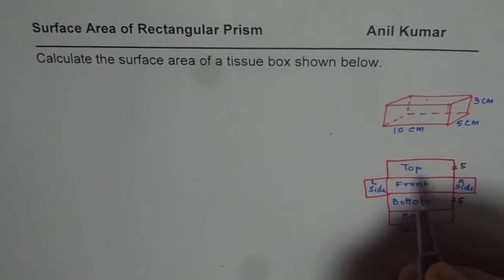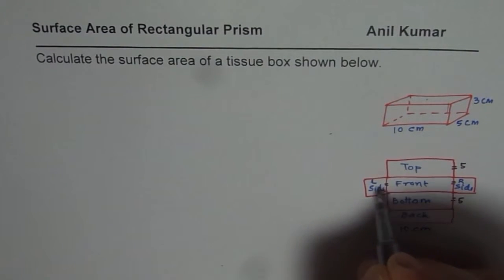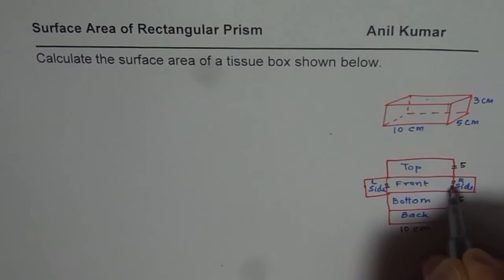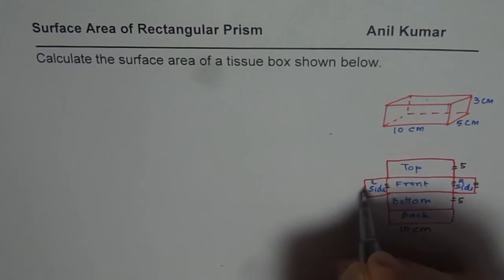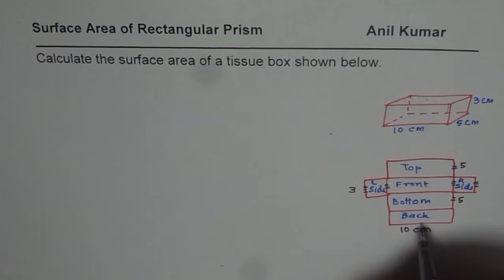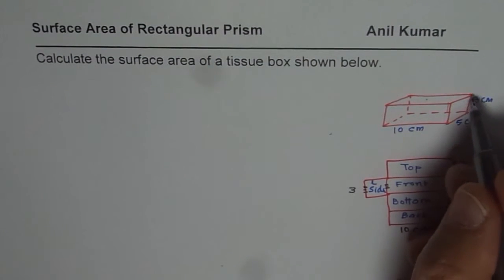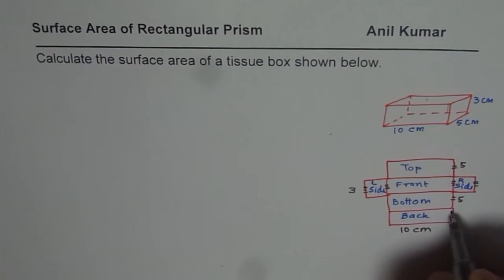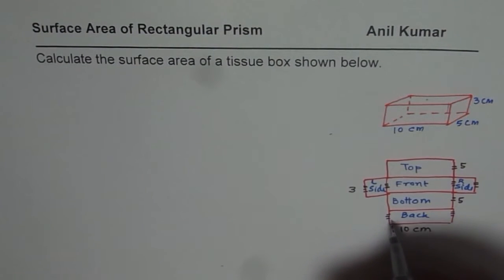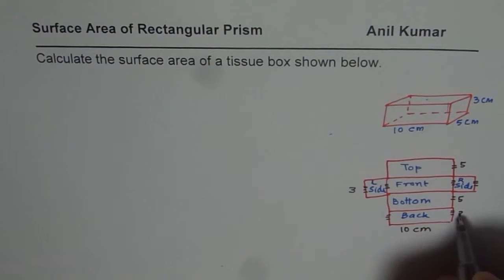However, the front has equal dimensions, correct? Let me put 3 bars here, and these are equal dimensions, and these are 3 each, correct? So these are 3 each, and the back portion is also 3 units. So let me put 3 dots here. So this is also 3 centimeters.